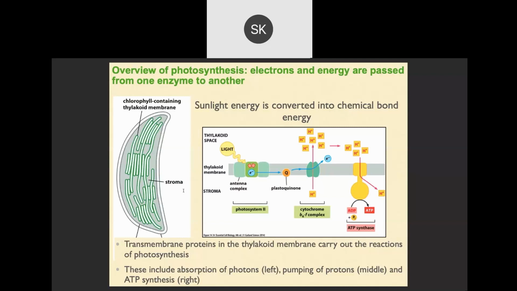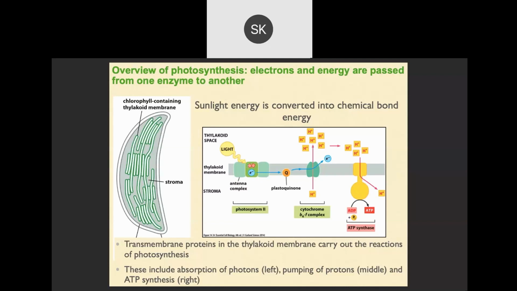So we have the beginning of photosynthesis here, where we get a photon of light, which is absorbed by something called an antenna complex. This antenna complex has a couple of different jobs. It is going to, 1, absorb the light, and 2, split a water molecule. Now, what does that mean?